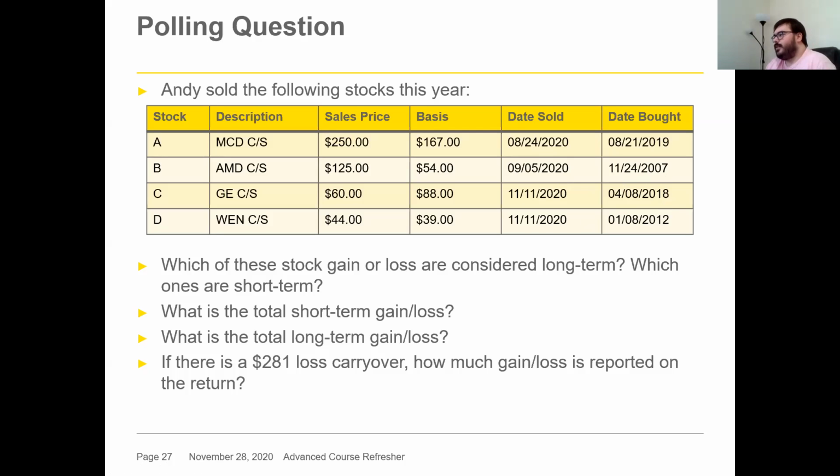Actually, they're all long-term. They're all over a year of holding period. The only one that could be a little tricky is the first one, but these are all long-term.